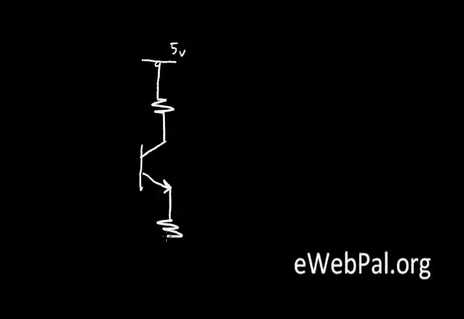Let's do a very simple circuit design to illustrate how we can use this NPN transistor. Let's say I have a 5-volt power supply. I'll connect a resistor to a NPN transistor. And in the emitter circuit, I'll put in another resistor to ground.